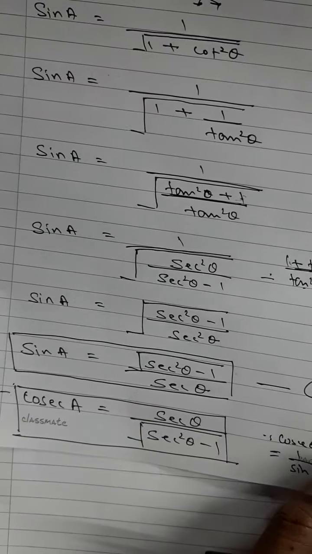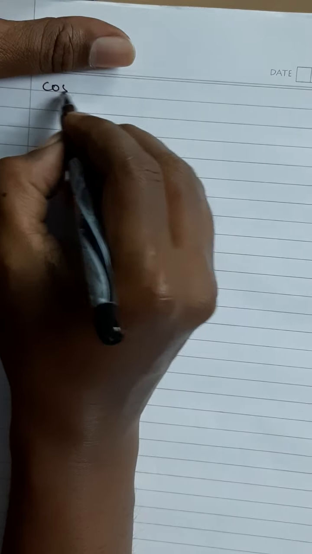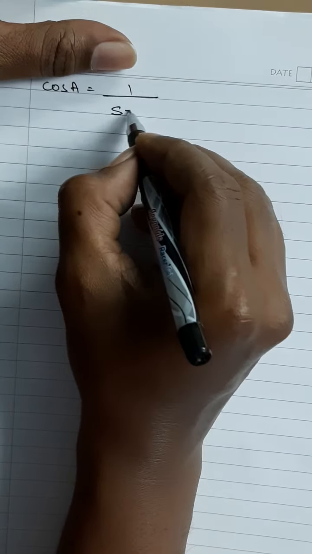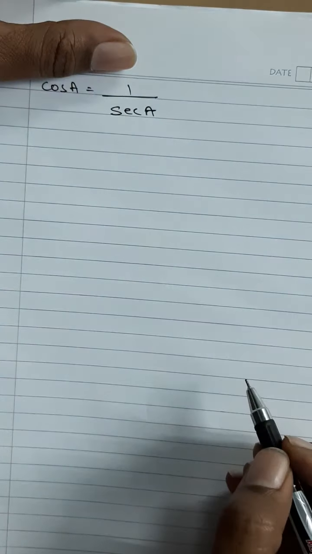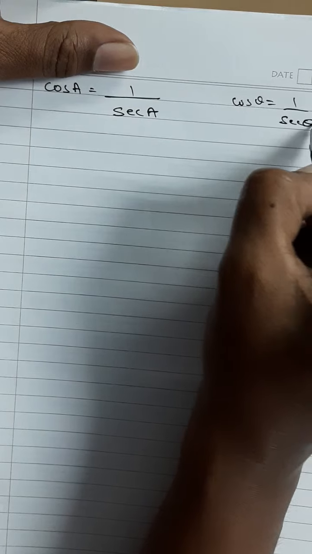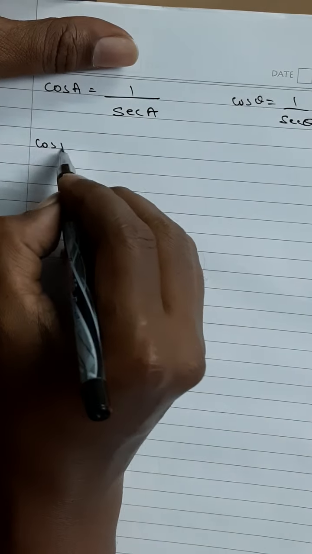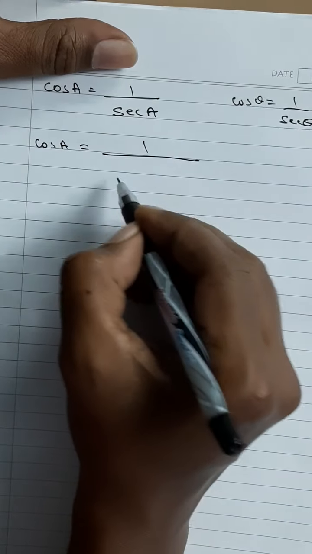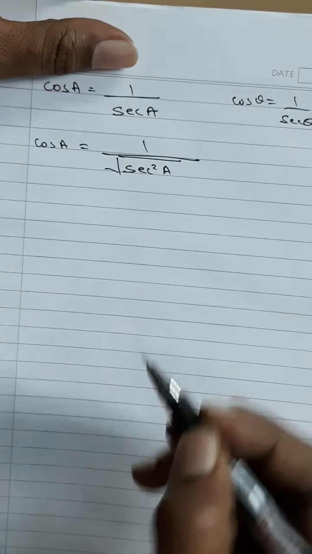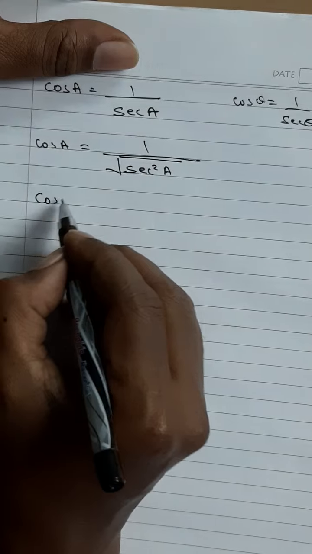Now I go to find cos. For cos, cos A will be equal to 1 upon sec A, because cos theta is equal to 1 upon sec theta. This is by the inverse formula. Therefore, cos A, I will require now to enter into identities, so I will take the square root of this.